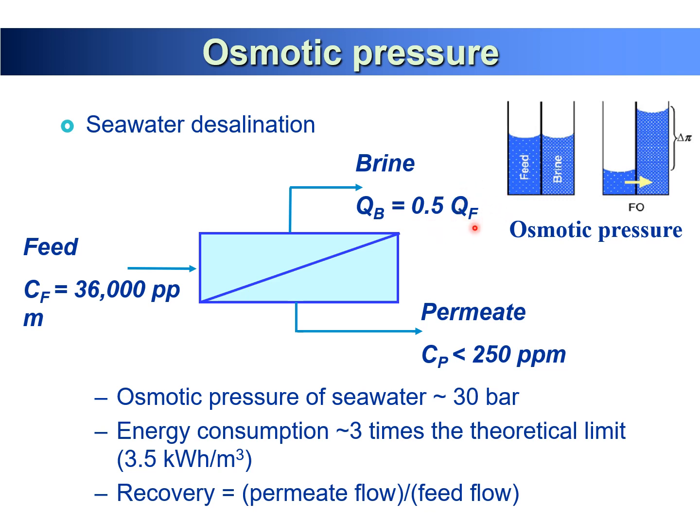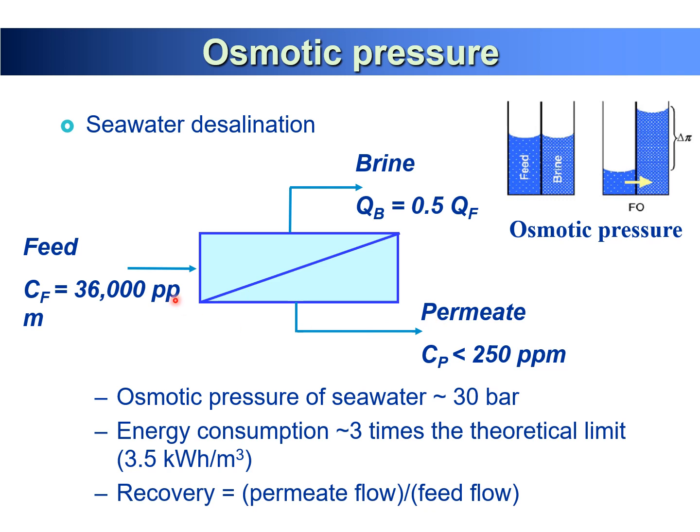The flow rate of feed water and flow rate of brine go this way, and then water molecules pass through, and we have less than 250 milligrams per liter of permeate concentration.